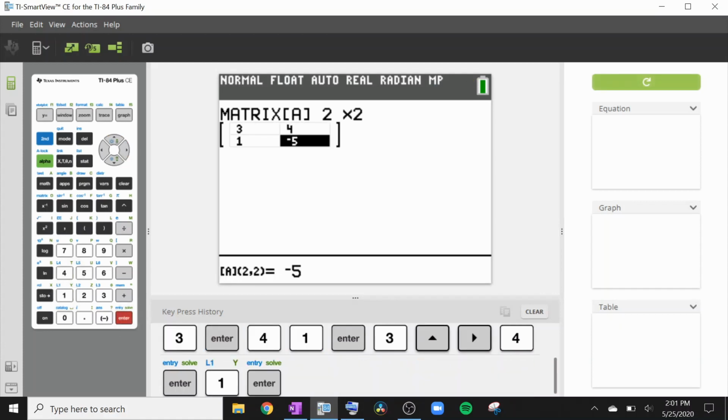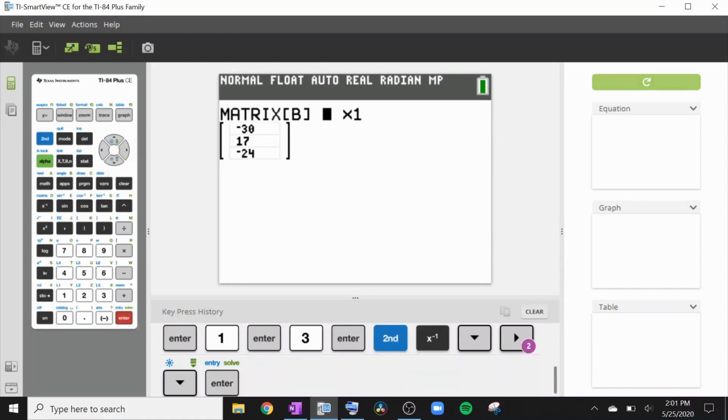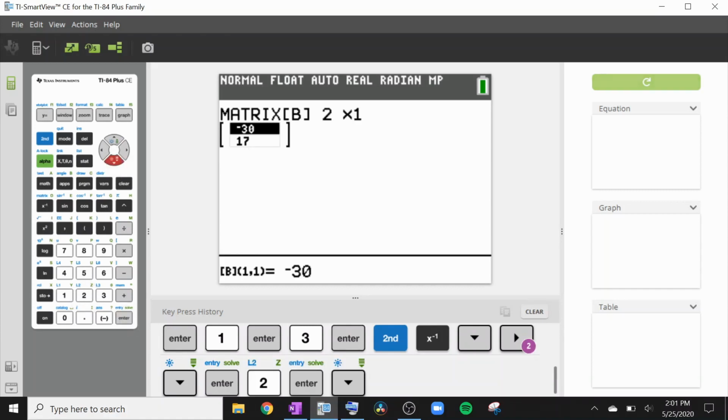And then the matrix on the other side was a 2 by 1. So we're going to change both the dimensions and the elements. So this is B. This was 9 and 3.